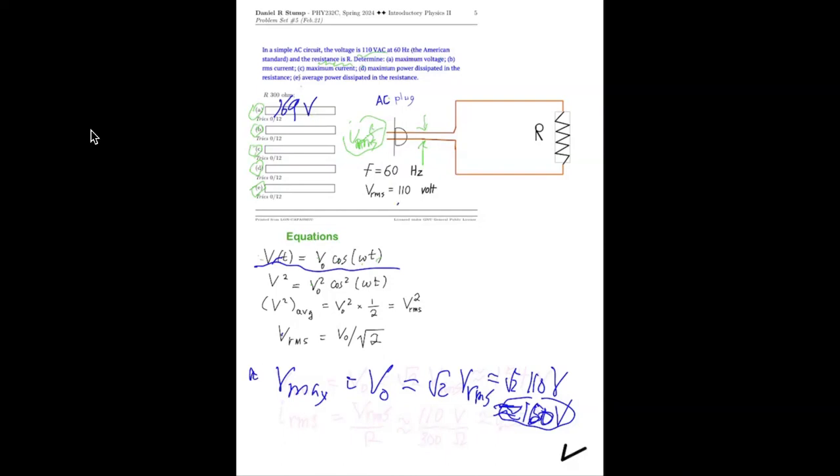So that's A. Now, what does B ask for? The RMS current. What's I RMS?